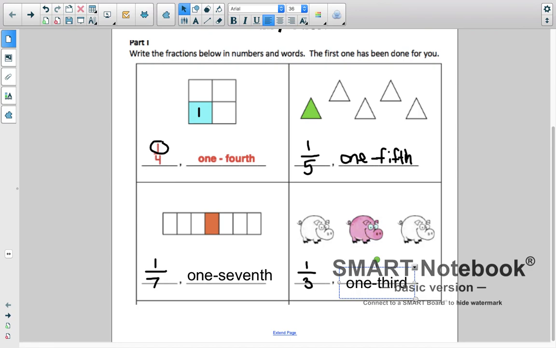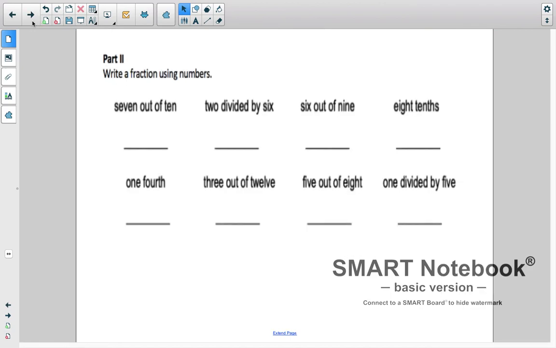Put a little dash in there. Good job. So remember, this is a review of fractions. The top number is how many shaded. The bottom number is how many pieces there are in all. All right, let's go on.